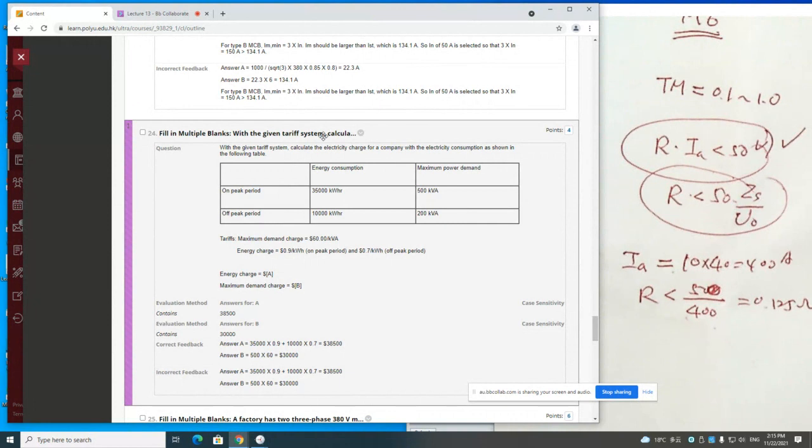But some formulas, such as the formula for the IDMT relay, will be provided. However, the formula for calculating the full load current of the motor will not be provided. This one you are supposed to know very well.